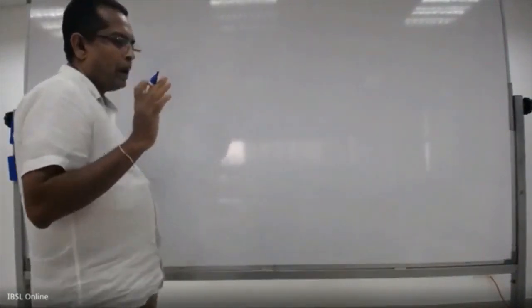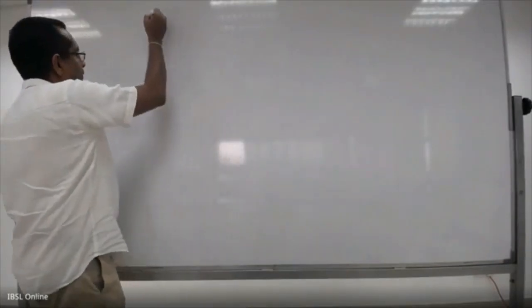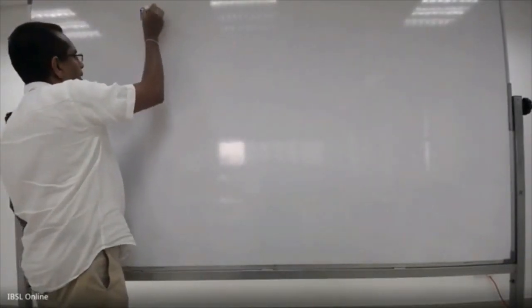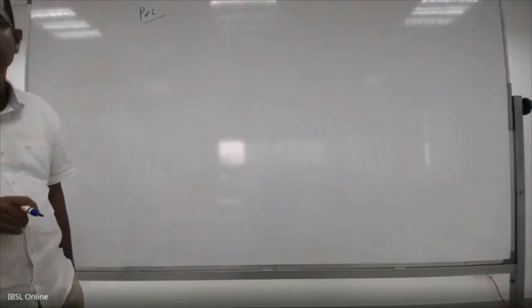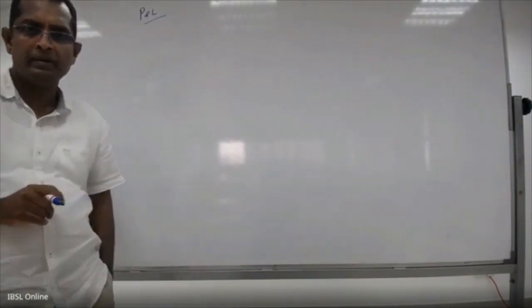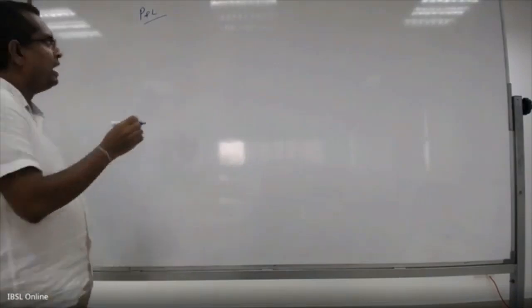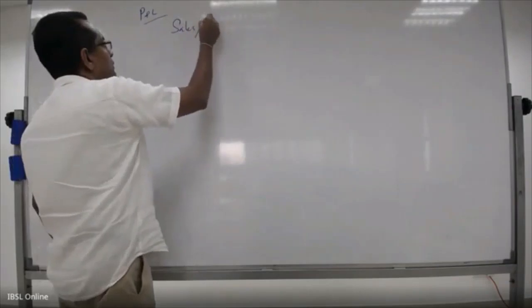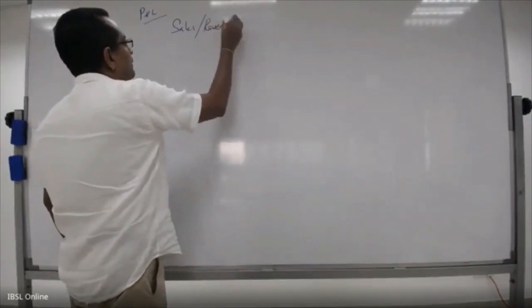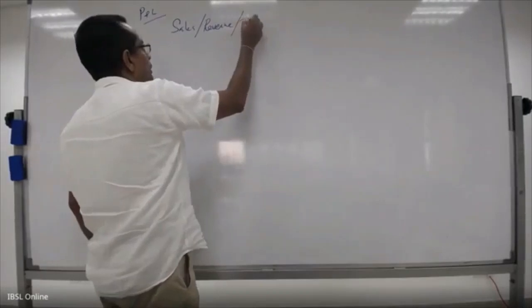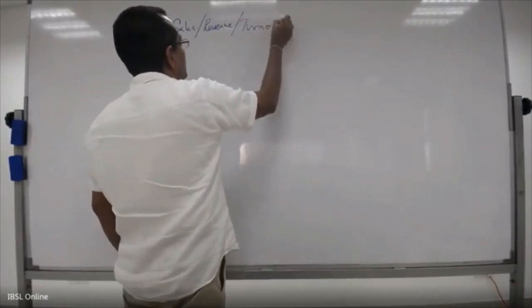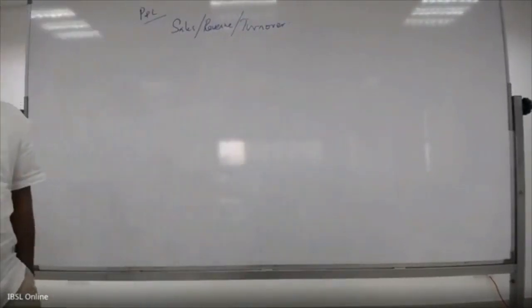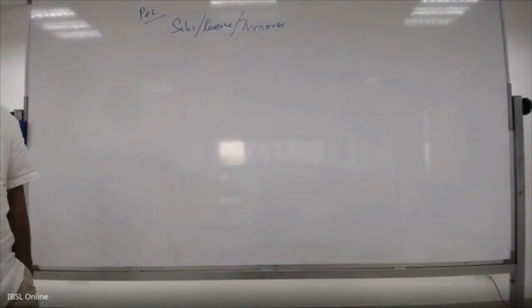So I will give you the P&L first. P&L, profit and loss statement, financial performance statement, right? We have sales, revenue, or turnover. We can use any of these words to discuss the top line of a business, right?